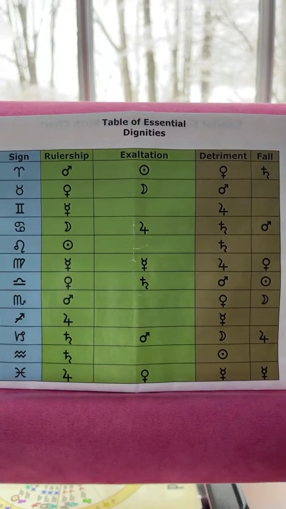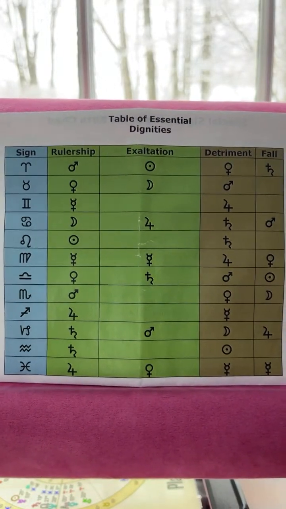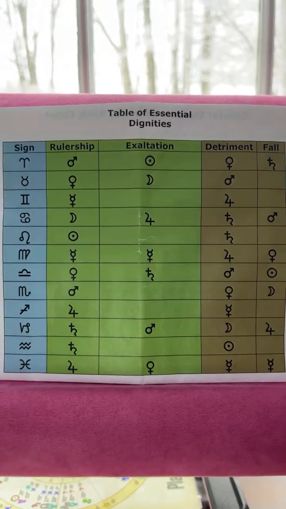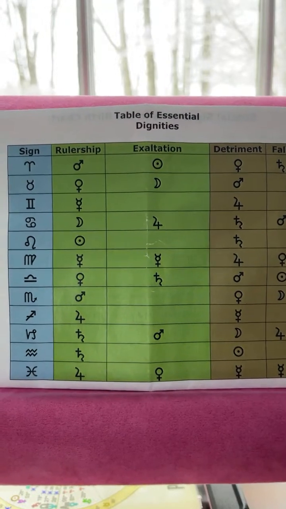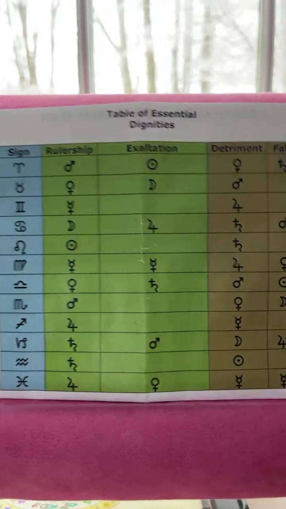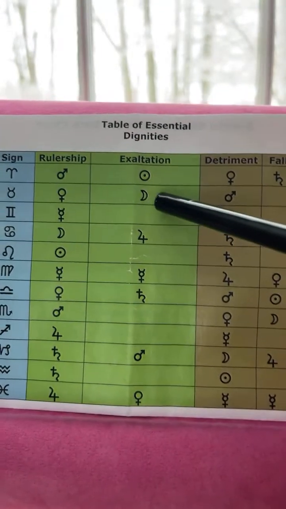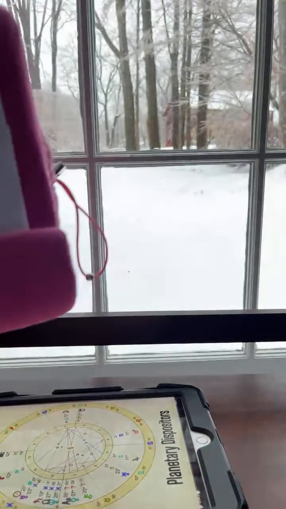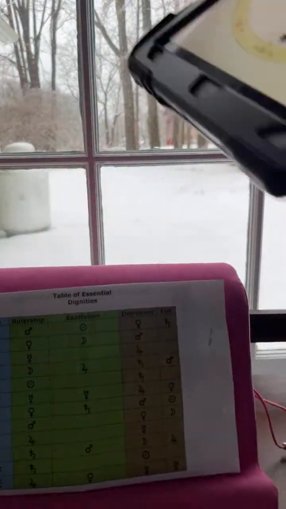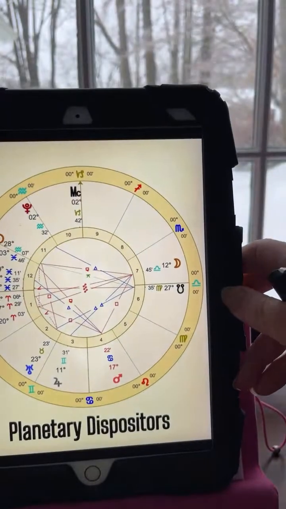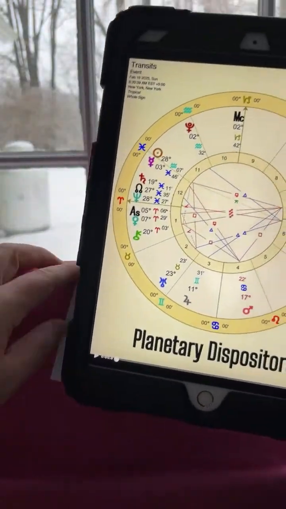So this shows all of the essential dignities. So I was confused about Taurus because the moon is exalted. So here we have Taurus. The moon is exalted in Taurus, but it's Venus ruled. Of course. So the moon is doing Venus things.